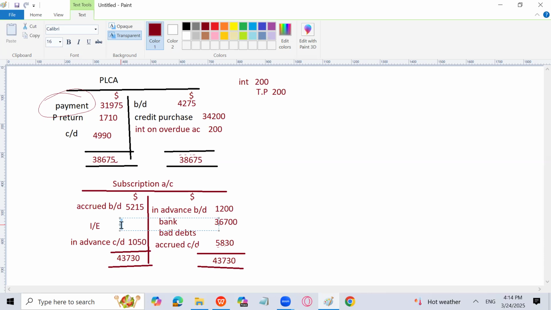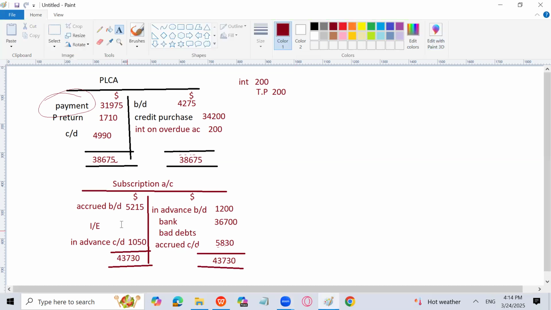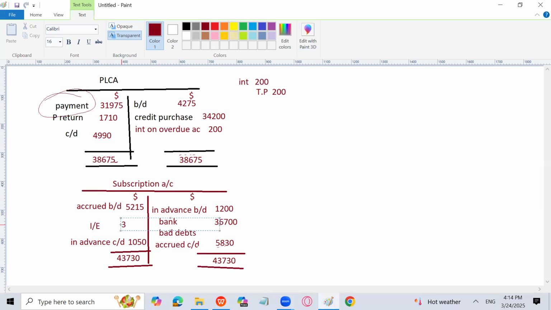What is the difference? That is now 37465. So the amount of the income and expenditure account is 37465.